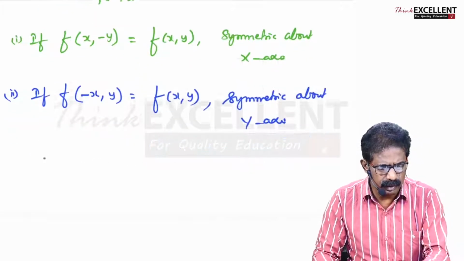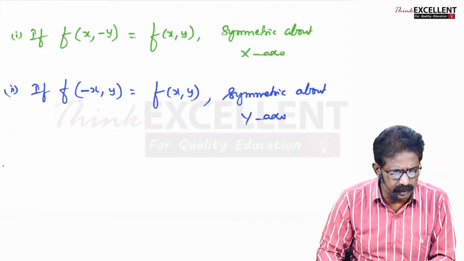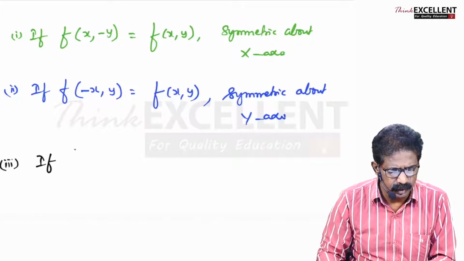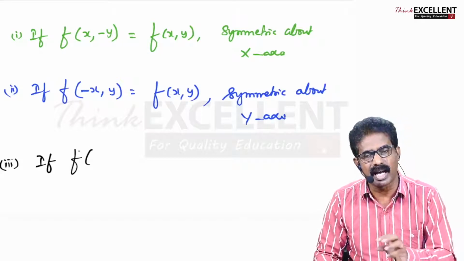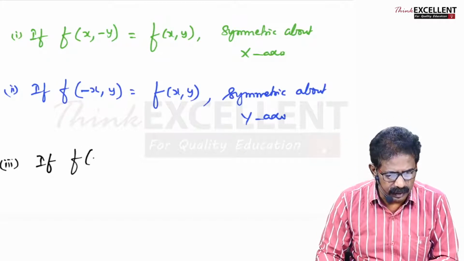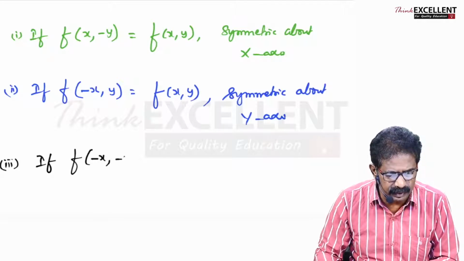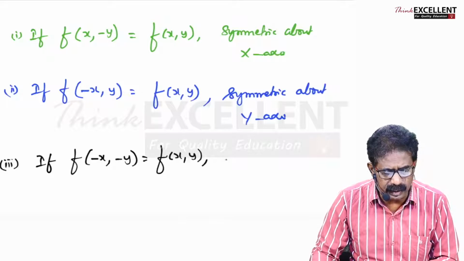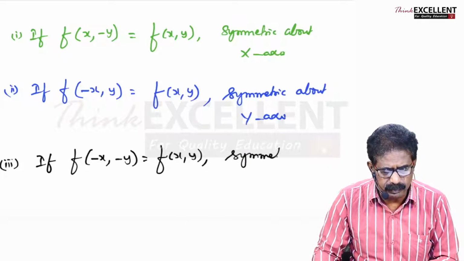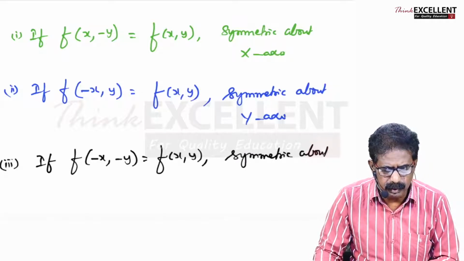And the third one, to check whether the curve is symmetric about the origin, you change the sign of both x and y. That is, you find f of minus x comma minus y. If there is no change in the answer, then you say the curve is symmetric about the origin.